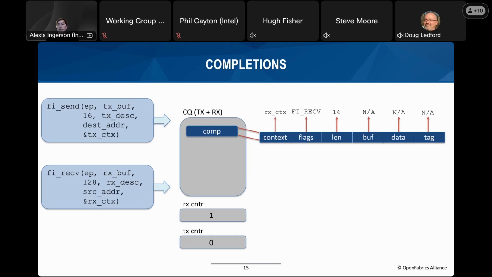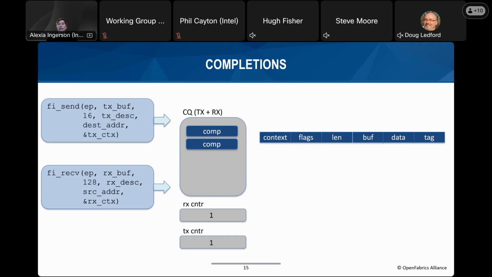The rest of the fields are nothing, since we didn't use that multi-receive flag to tell us the buffer. We didn't send any CQ data, and we're also not using the tagged interface, so those are not going to be valid. If they were valid, say like the message had CQ data that we can read, or it was sent with the tag, that information would be communicated with the flag set accordingly.